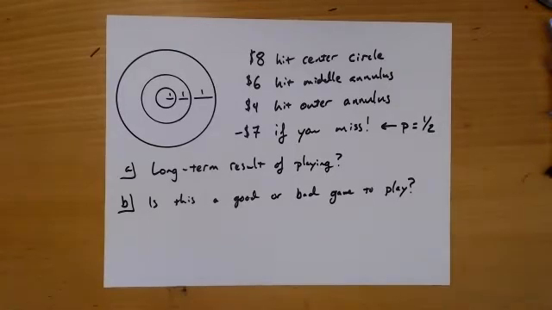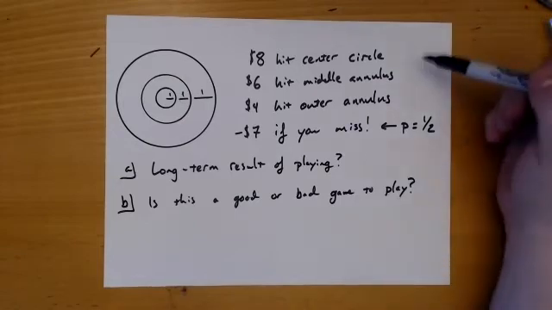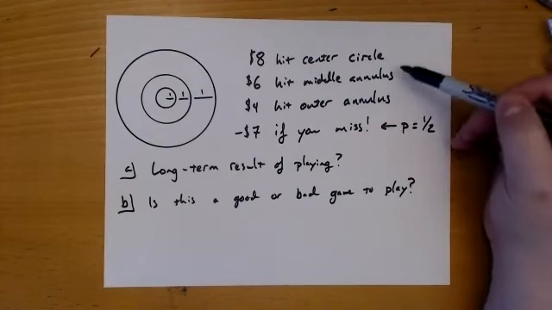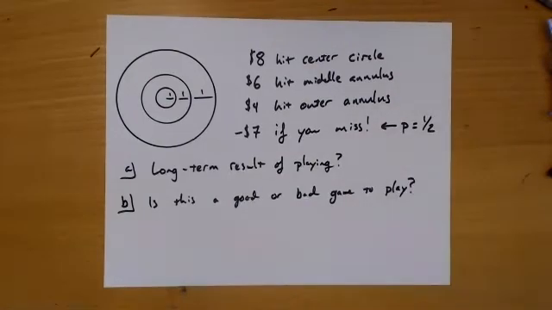So how are we going to do it? We don't have these probabilities, do we? Can we get them? How? Does anyone have any ideas?